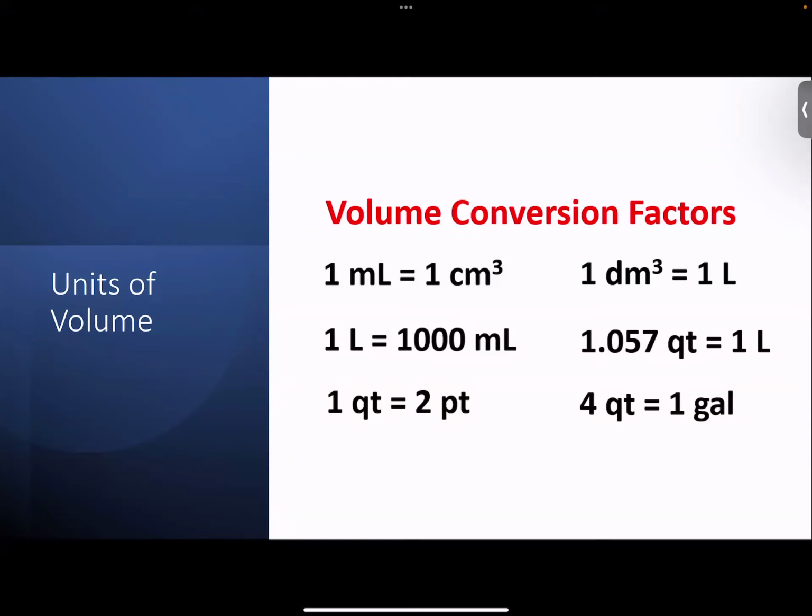When we're talking about suspensions, a lot of times we are told to take a cc or 2 cc's or something of that nature. But the device that they give us at the pharmacy is in milliliters. So it's important to know that it's a 1-to-1 ratio.